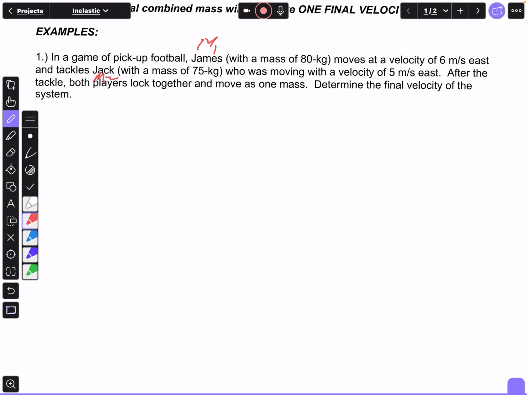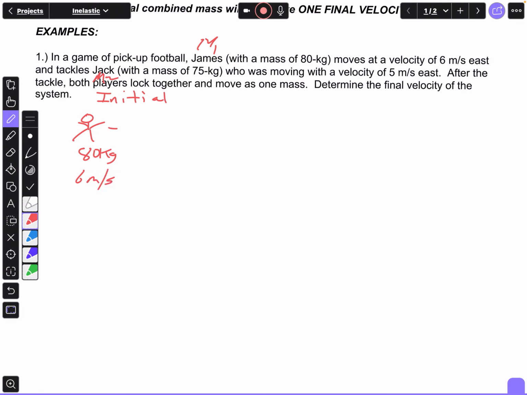And I can draw these before the collision, so this is going to be the initial conditions here. First person here is James. He has a mass of 80 kilograms, and he's moving at 6 meters per second east. So that's going to be positive 6 meters per second.